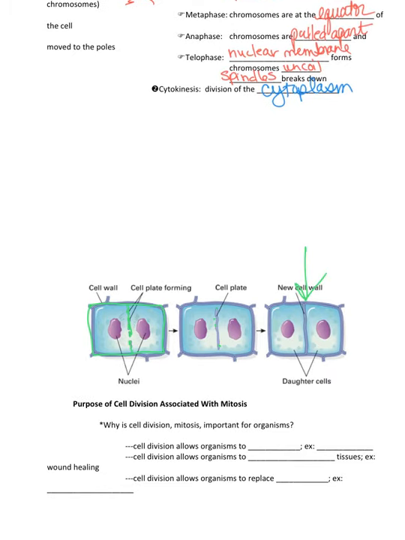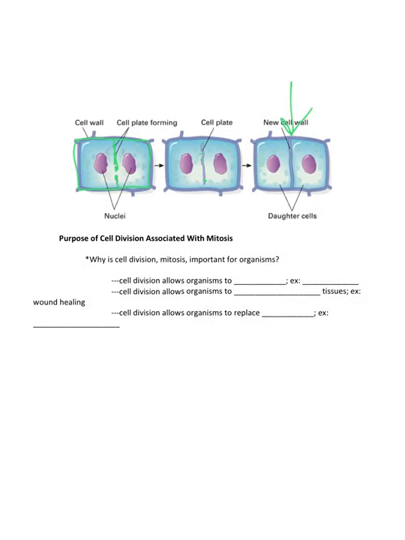So cell division as a whole, it allows organisms to reproduce. It allows organisms to repair themselves if you break a bone or you cut yourself. And it also allows organisms to replace dead cells. Okay, so cells will die. They don't live forever.